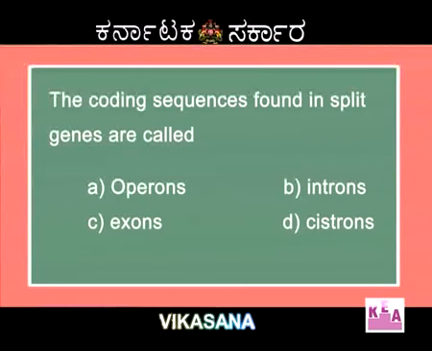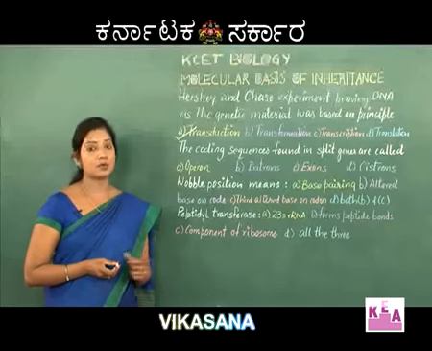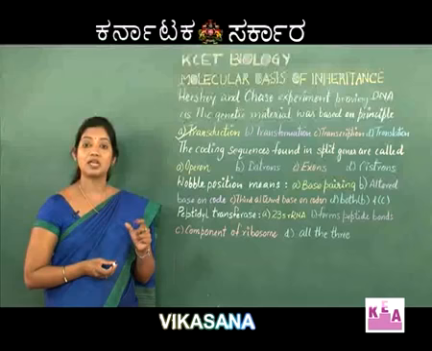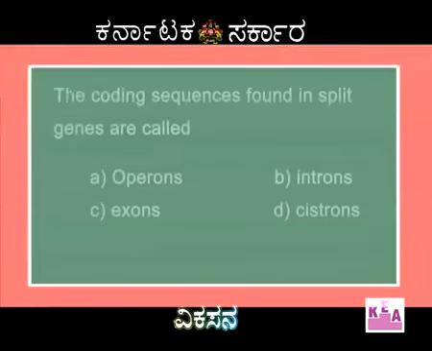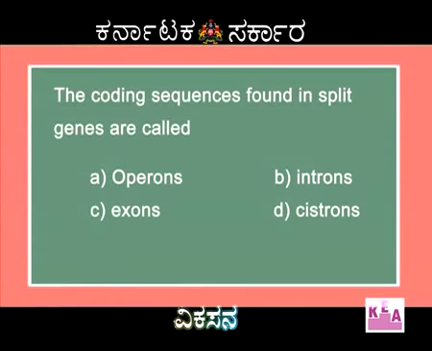Introns are nothing but the non-coding intervening sequences. Exons are the coding sequences, and a gene which is capable of synthesizing a specific polypeptide chain is called cistron. So the right answer over here is option C, exons.